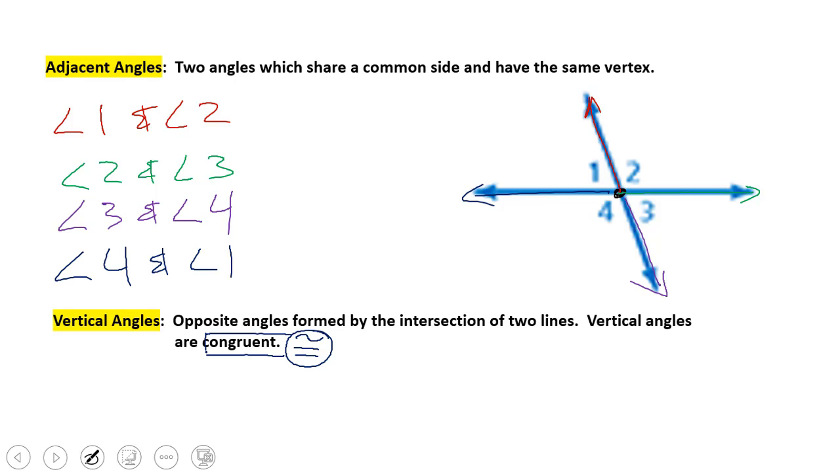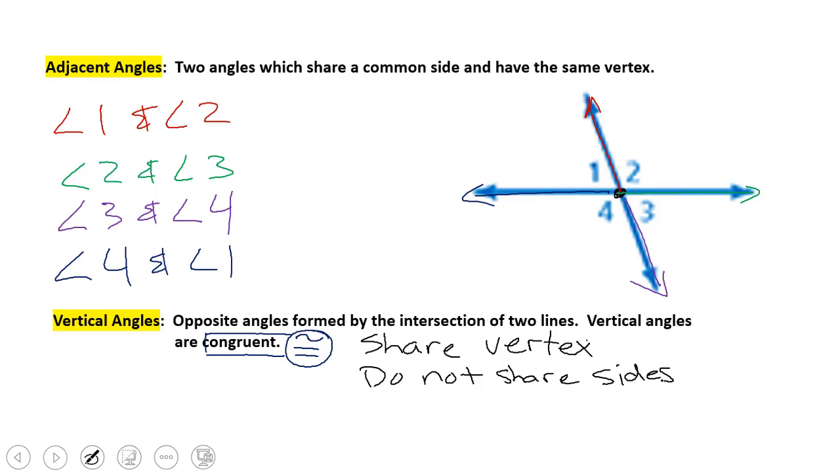Okay, there's something I want you to add to this, and don't add it right now, add it when you pause and watch: vertical angles do share a vertex. They do not share sides. Okay, so they share a vertex, but they do not share sides.